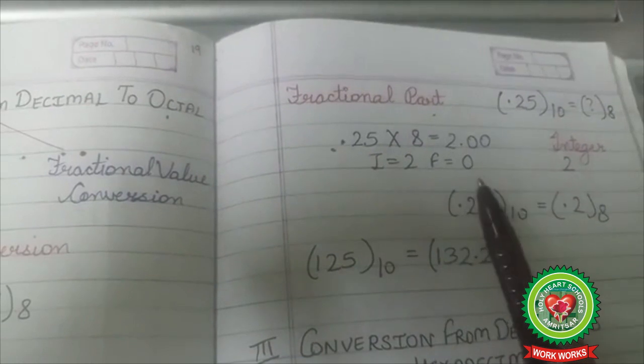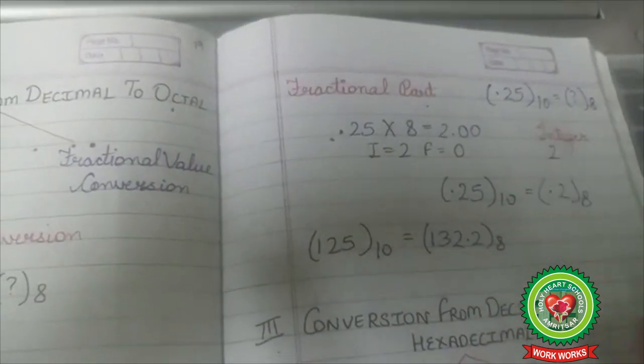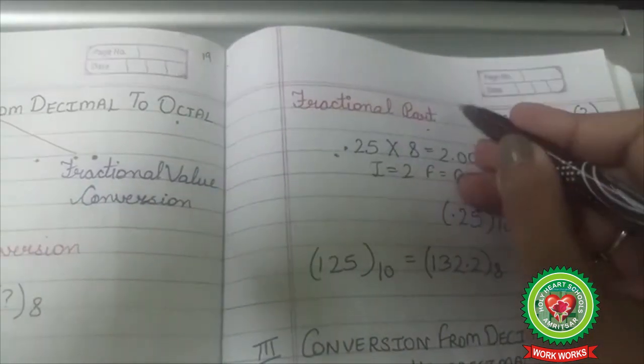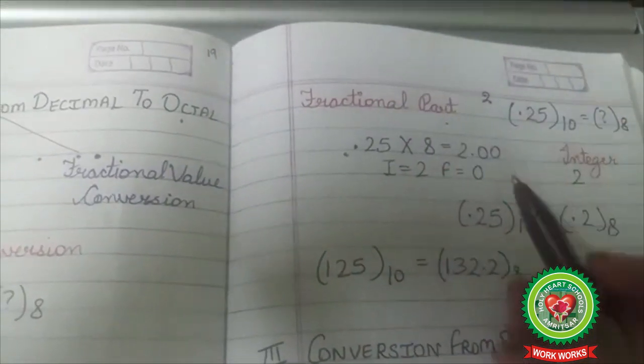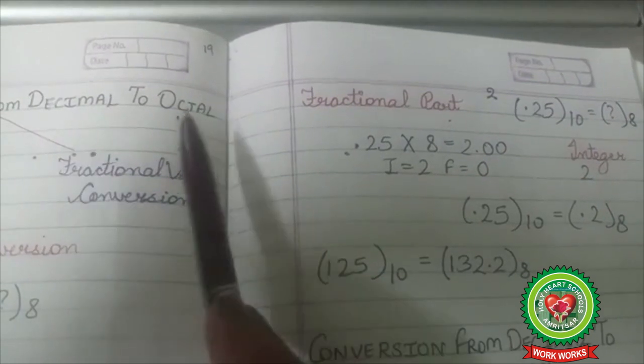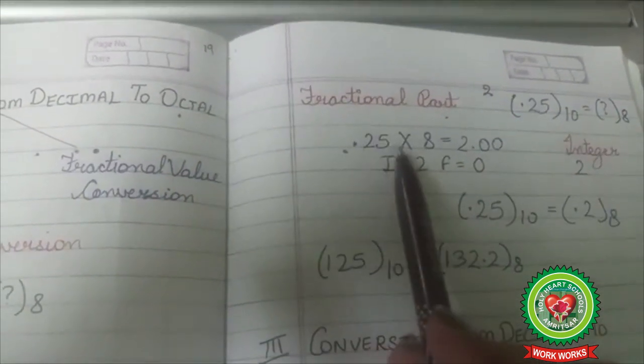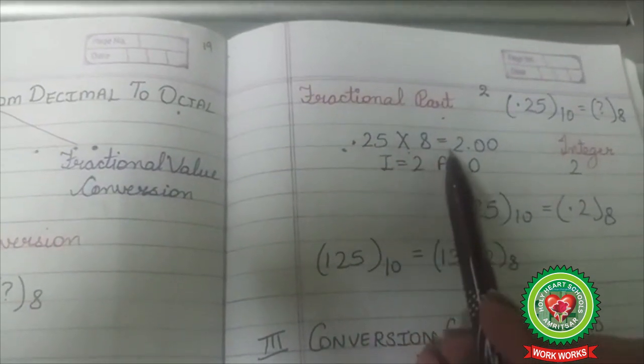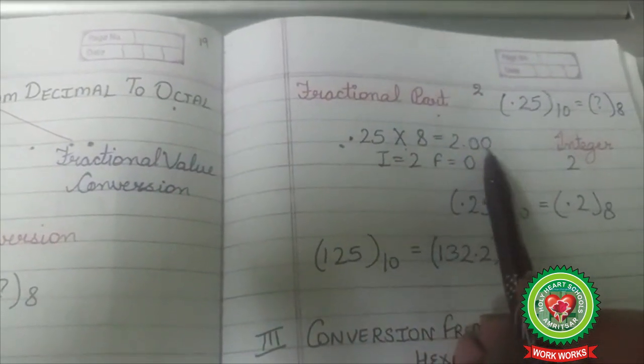As I told you earlier, for converting decimal to binary, we multiplied with 2. But now we are converting decimal to octal, so we will be multiplying by 8. 0.25 into 8 is equal to 2.00.